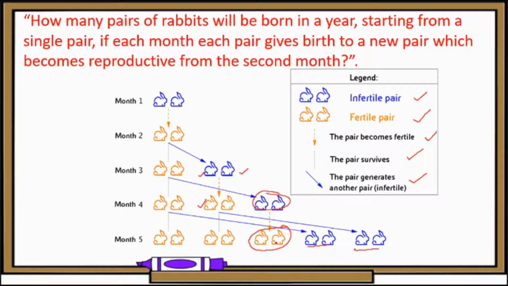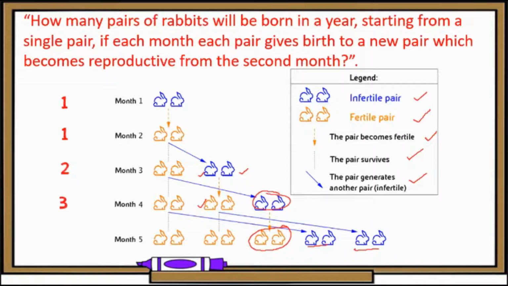Now, let's check the number of rabbits for each month. Month 1, we have 1 pair. Month 2, still, we have 1 pair, but this pair is already fertile. Month 3, we already have 2 pairs.